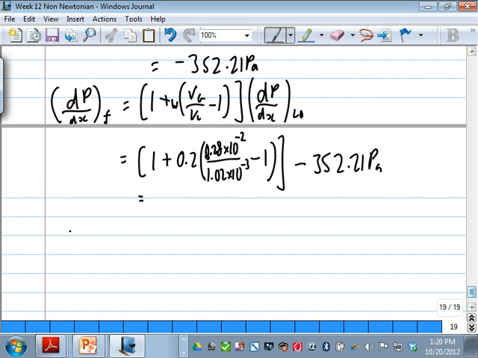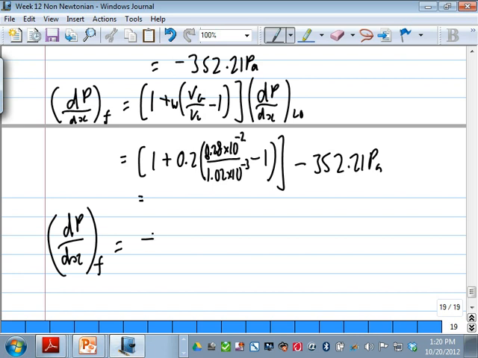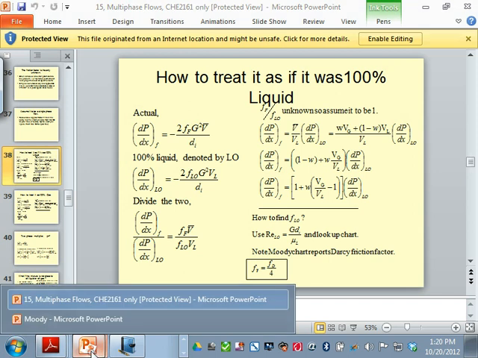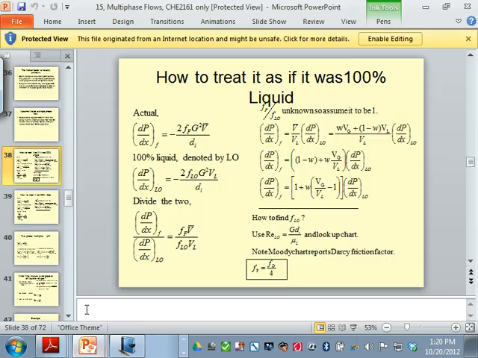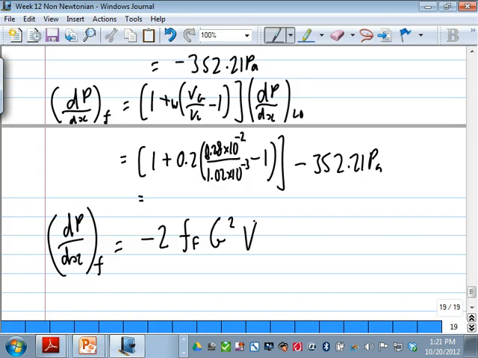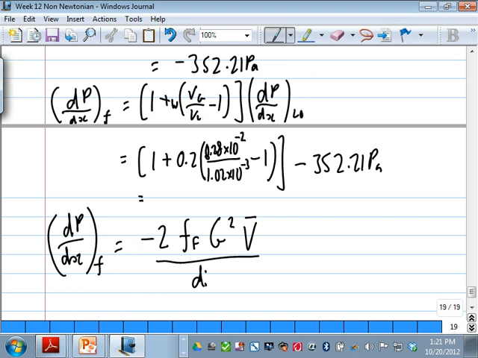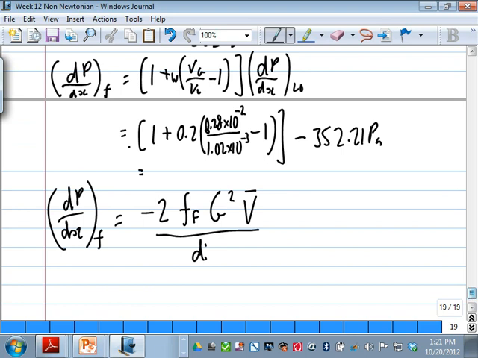And finally, dP on dx of f equals minus 2 f G squared v bar over di. Alright. What's the dP dx, this one?